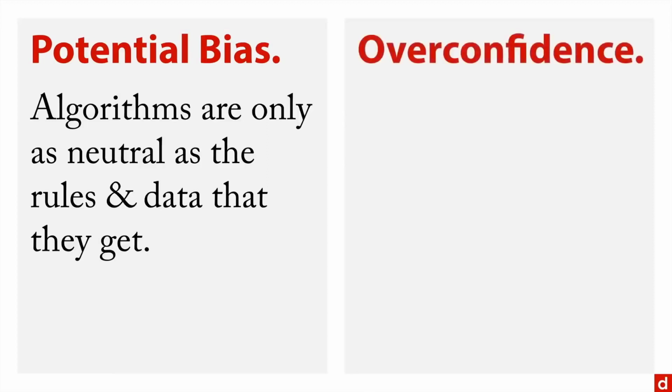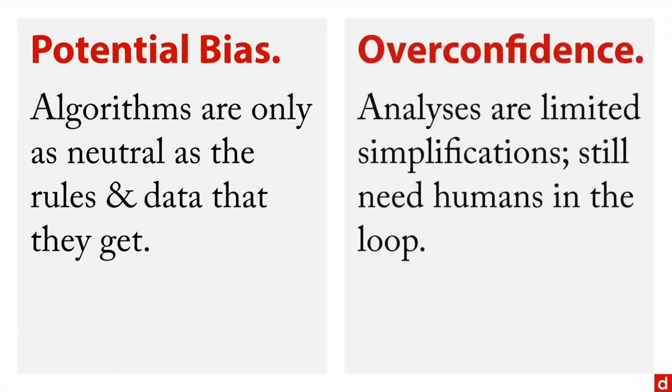Another issue is overconfidence. And the idea here is that analyses are limited simplifications. They have to be. That's just what they are. And because of this, you still need humans in the loop to help interpret and apply this. The problem is when people run an algorithm to get out a number, say to 10 decimal places, and they say this must be true and treat it as written in stone, absolutely unshakable truth.